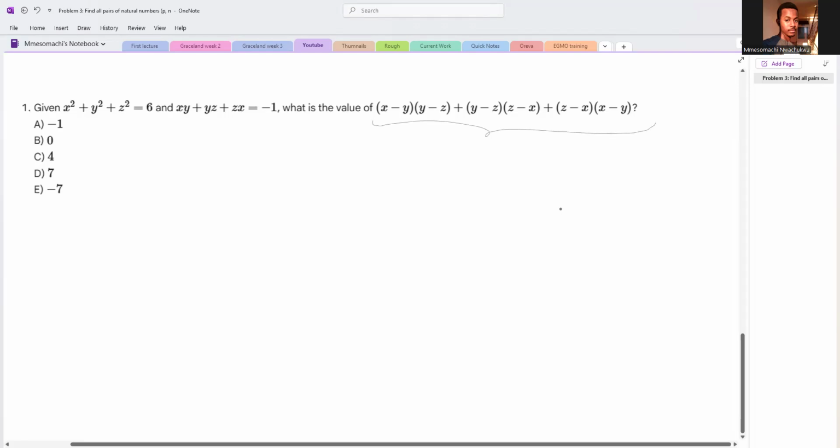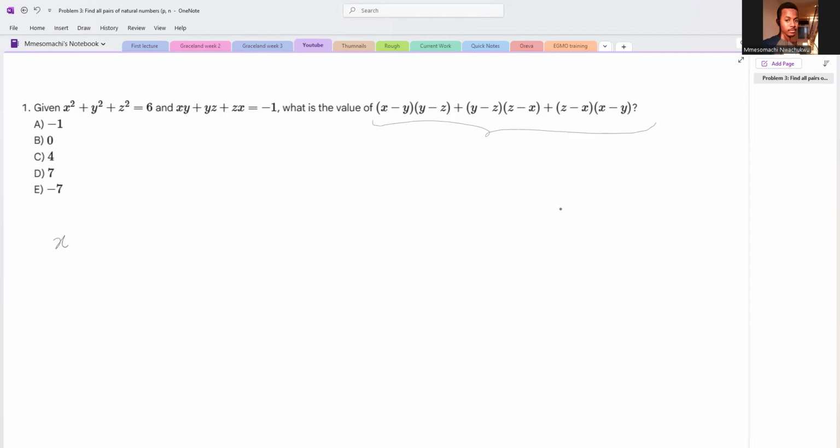So this looks like a pretty symmetric expression. Let's expand it out and see what we get. Okay, so we have x minus y into y minus z, plus y minus z into z minus x, plus z minus x into x minus y.